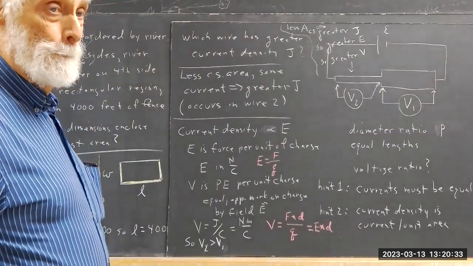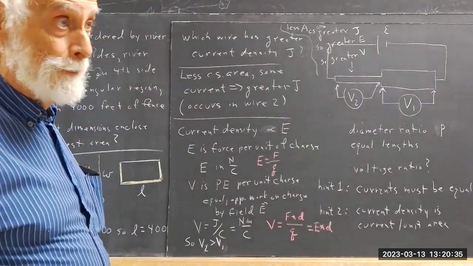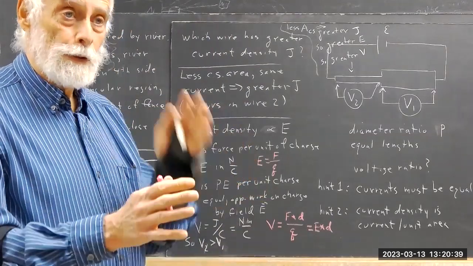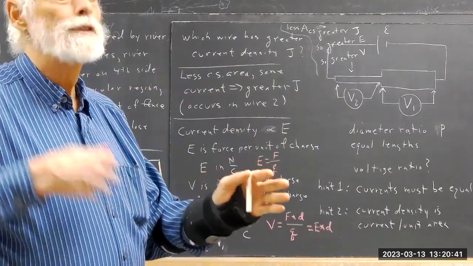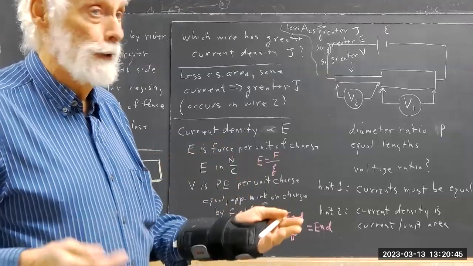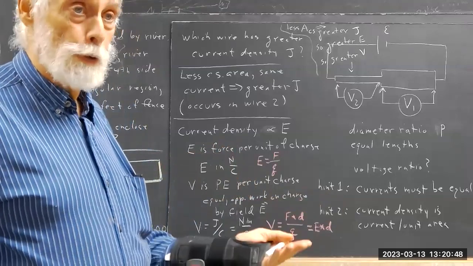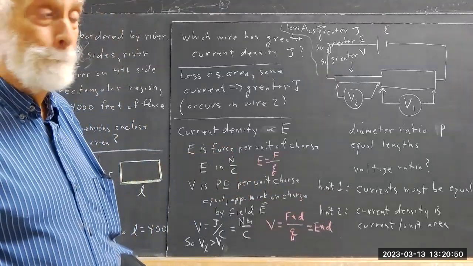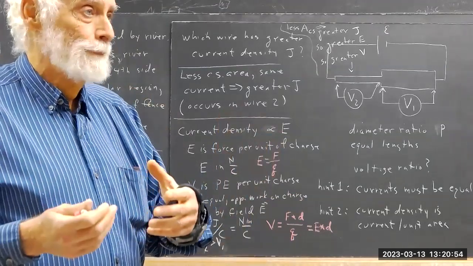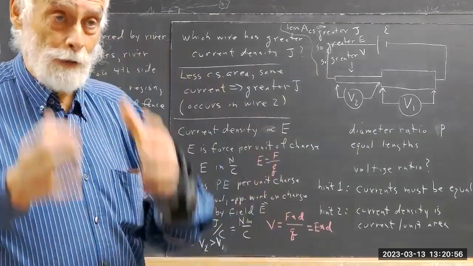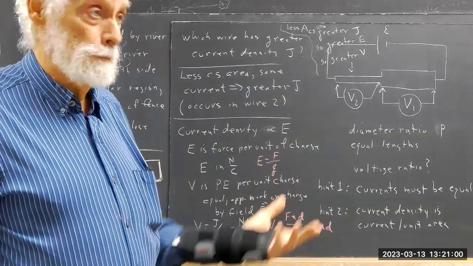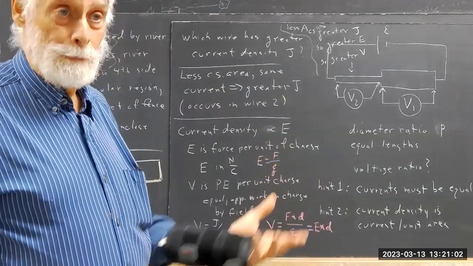And that's fundamental for a capacitor. If you've got a parallel plate capacitor, you get the electric field from Gauss's law, charge density, all that stuff, and you multiply it by the separation of the plates, and you've got the voltage.